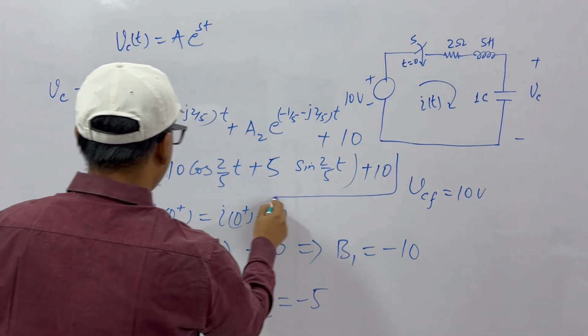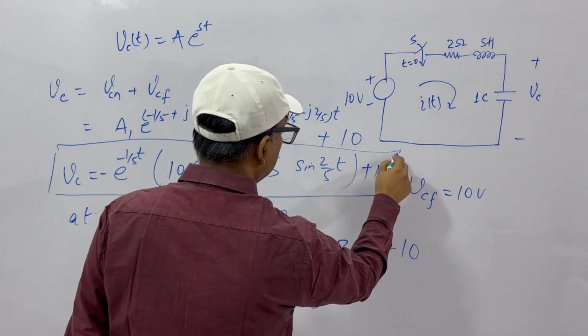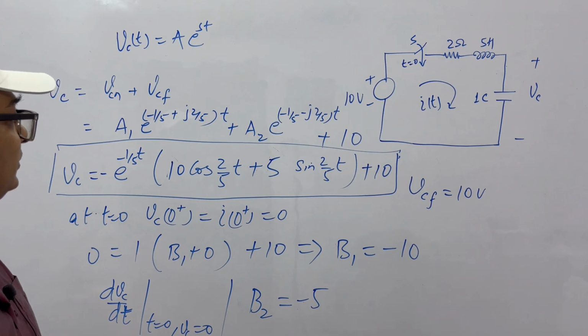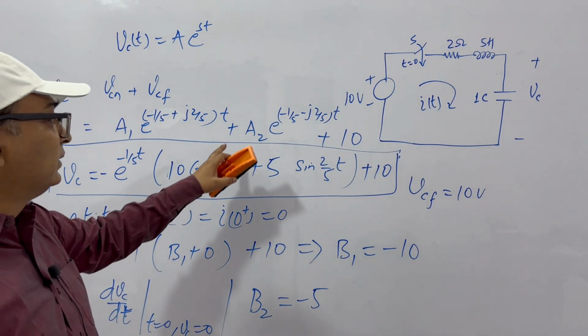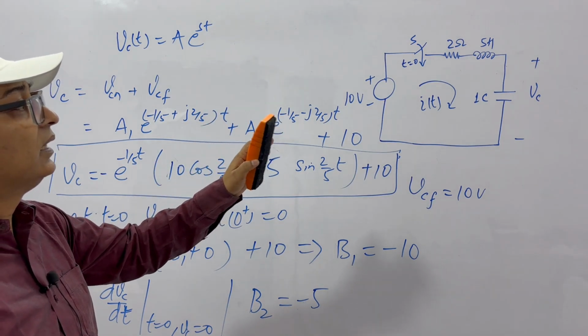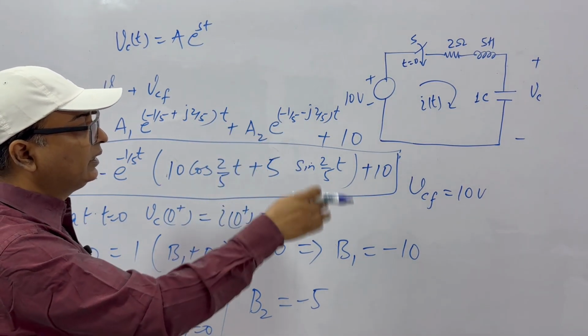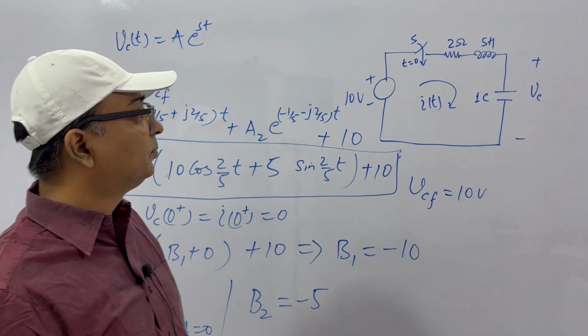So our answer is Vc equal to this expression. Since we have complex conjugate roots, we know the response is underdamped. Clearly, in this way we solve practical questions.